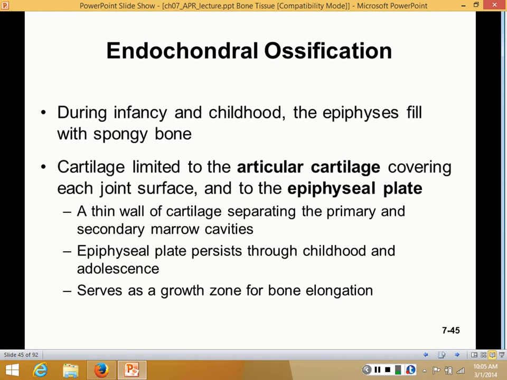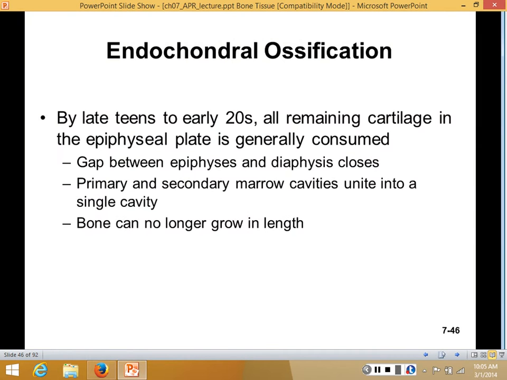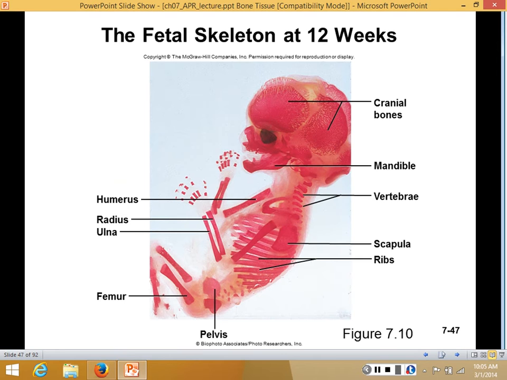Completely gone. So here, I think I mentioned this picture earlier, the little tan areas that you see on this developing fetus is still cartilage. The red part, of course, is now bone. This is what it looks like at 12 weeks.